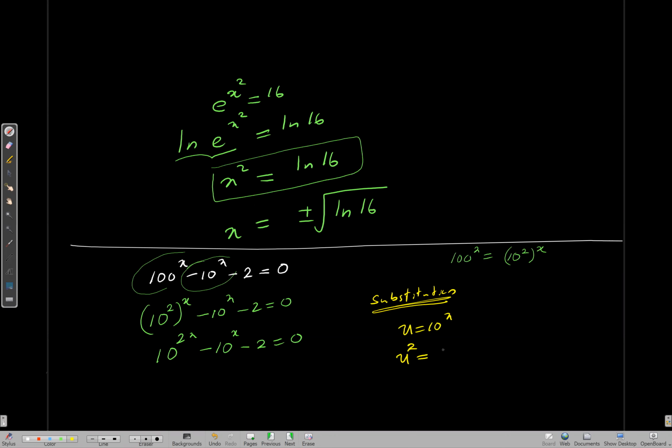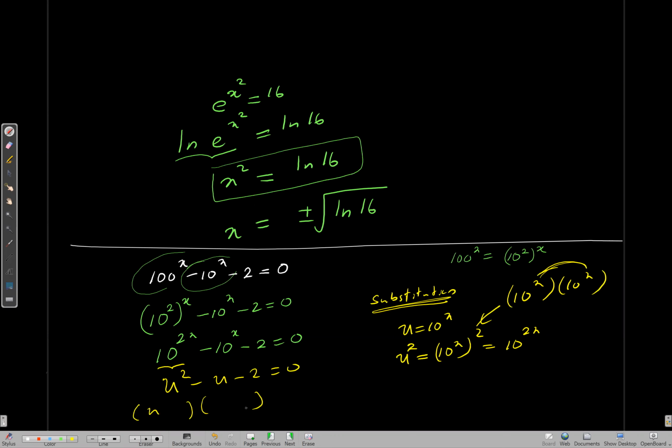What is u squared? u squared is 10 to the x squared, which is the same as 10 to the 2x, right? Because 10 to the x squared means twice that term, and powers get multiplied. So that's why 2x. So this term is u squared minus this term is u, because that was our substitution, minus 2.